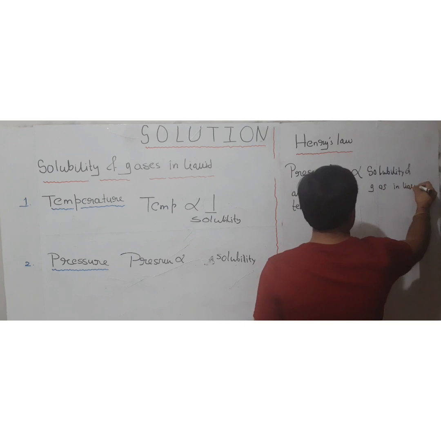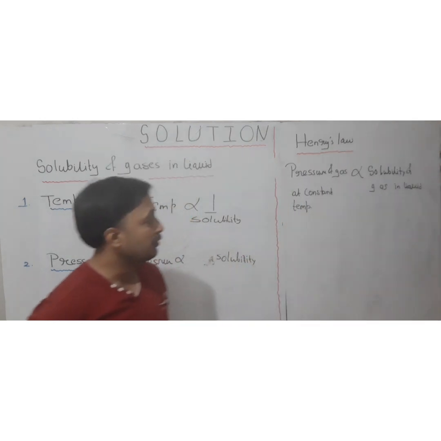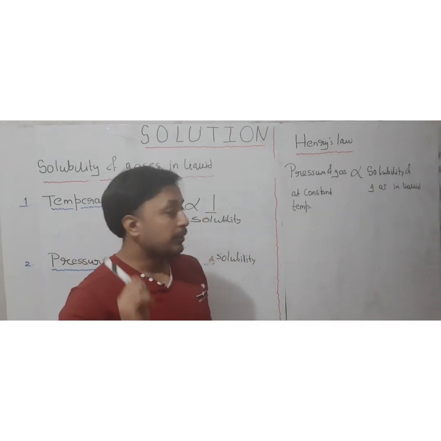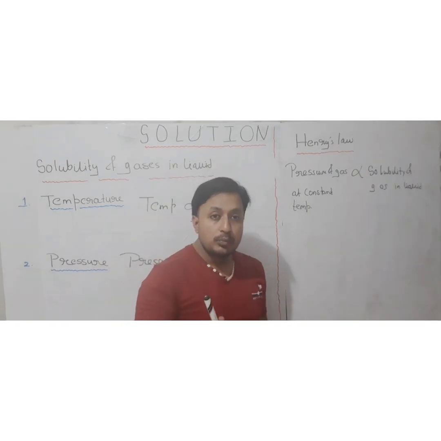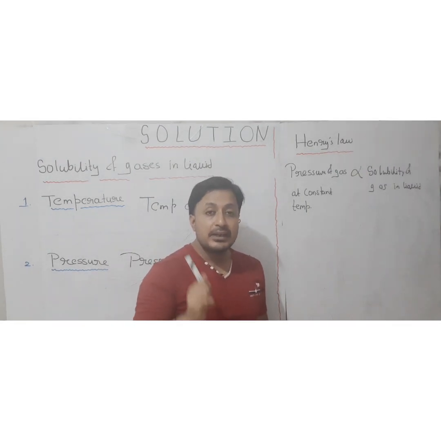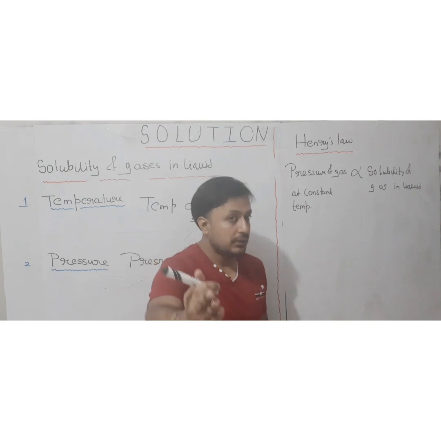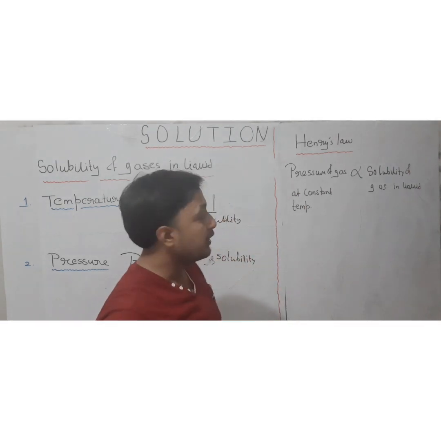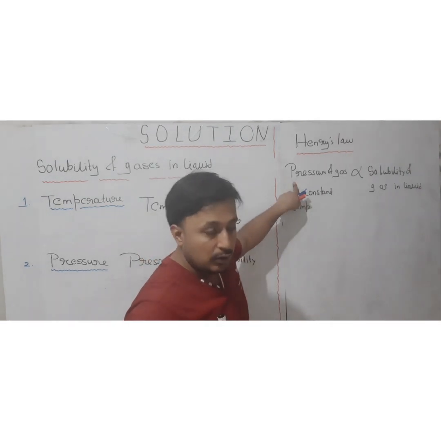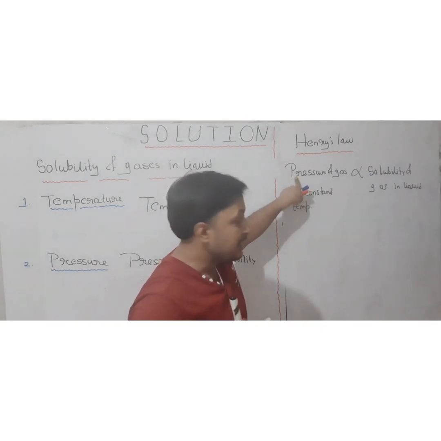So this law is especially for the gases in liquid only, and it states that the solubility of a gas in a liquid at constant temperature is directly proportional to its partial pressure, that is the pressure of the gas.